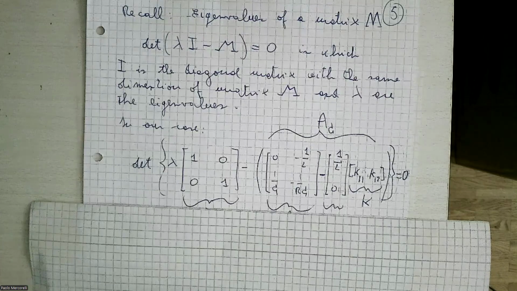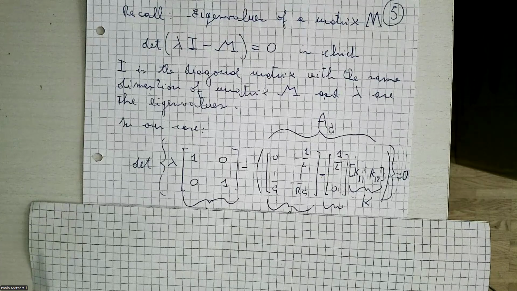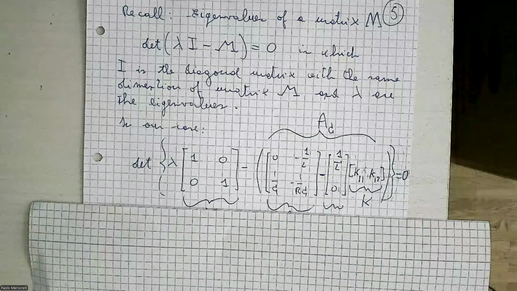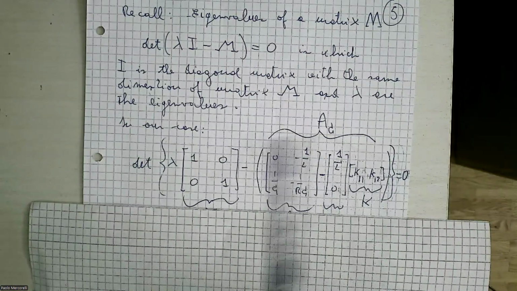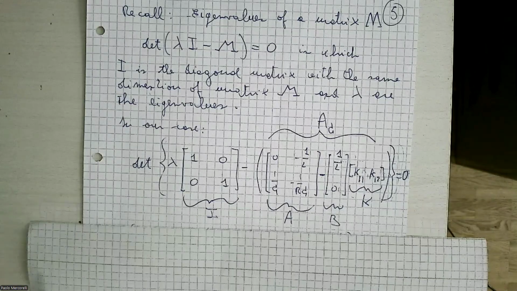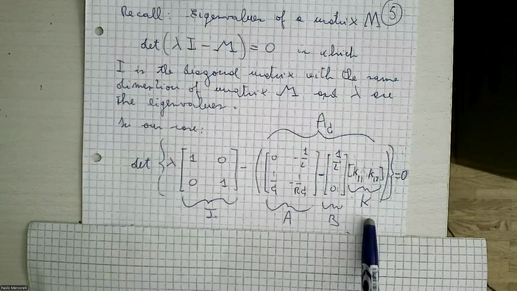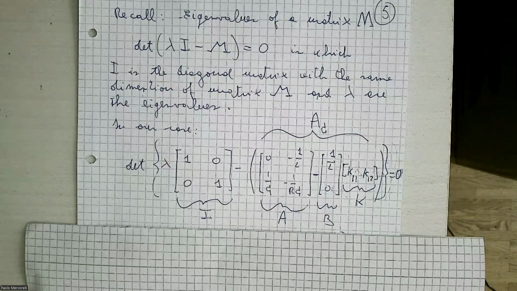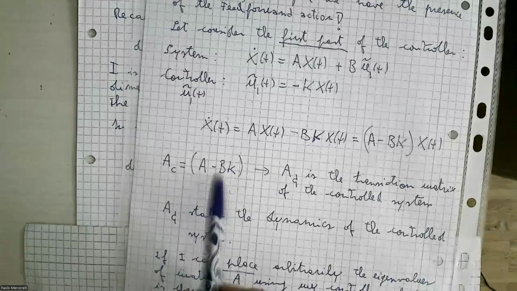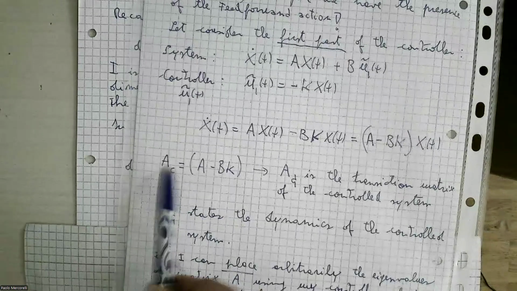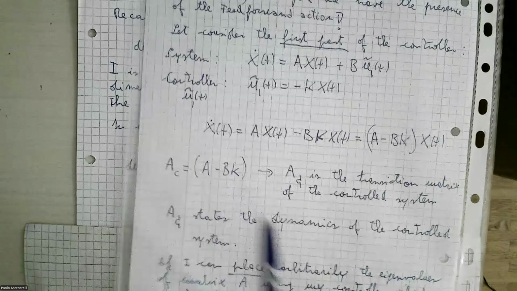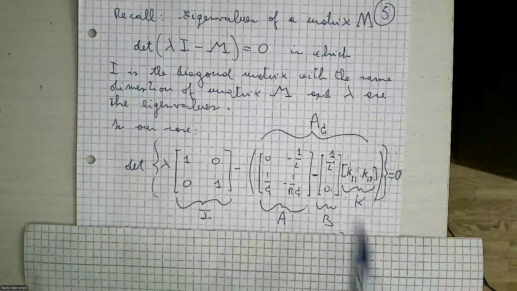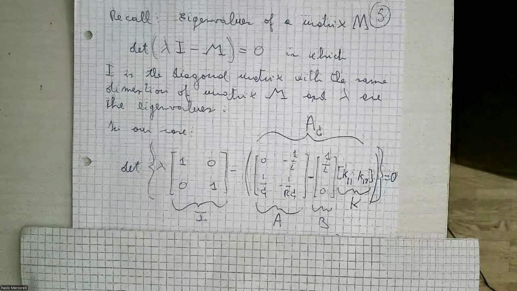Now, in our case, we have a problem which is quite similar, but not exactly the same, because we have a matrix AC, the controlled matrix, which is expressed in this form. Do you remember? A minus B multiplied by K. AC is equal to A minus B multiplied by K. In our case, K is K11, K12.